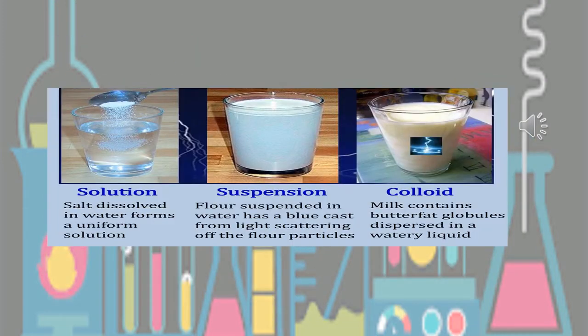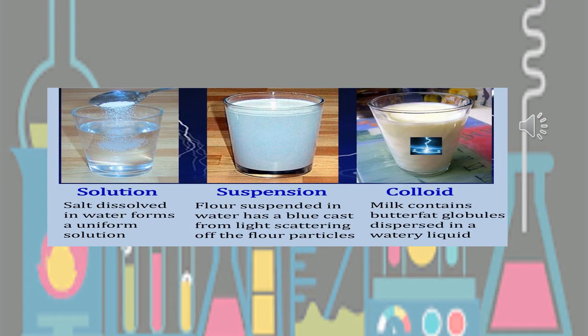The next type is colloidal solution. For colloidal solution, let us take an example: milk powder in water. When we add milk powder in water, we get a cloudy mixture. That is, milk powder doesn't dissolve completely in water, so it forms a cloudy mixture.